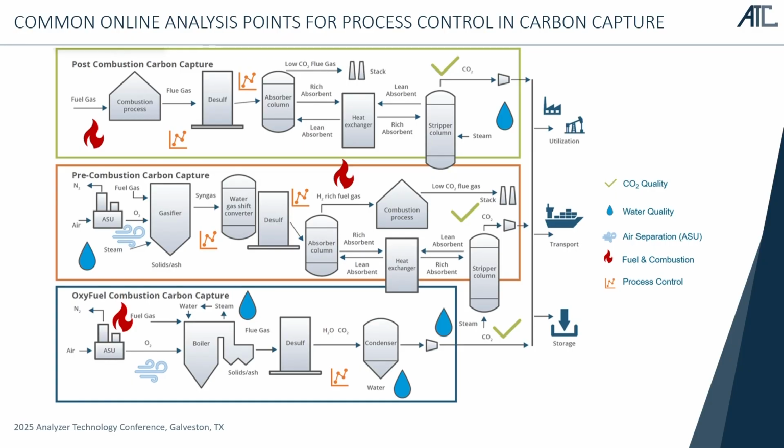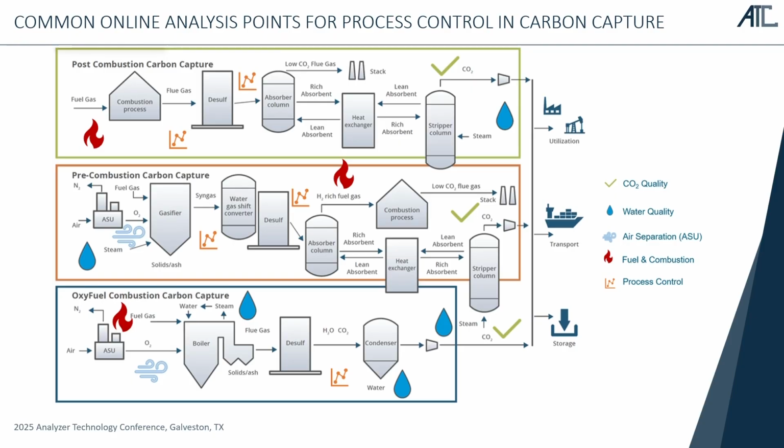So one thing I'll highlight is, of course, since this is ATC and we care about analysis along every stage of these processes, we really care about how they're running these plants. The CO2 quality measurement is not the only measurement that's going on at carbon capture facilities and the associated production sites. So, I'm going to focus in on CO2 quality for the sake of thinking through how that impacts tax credits, for example. But these are combustion processes.